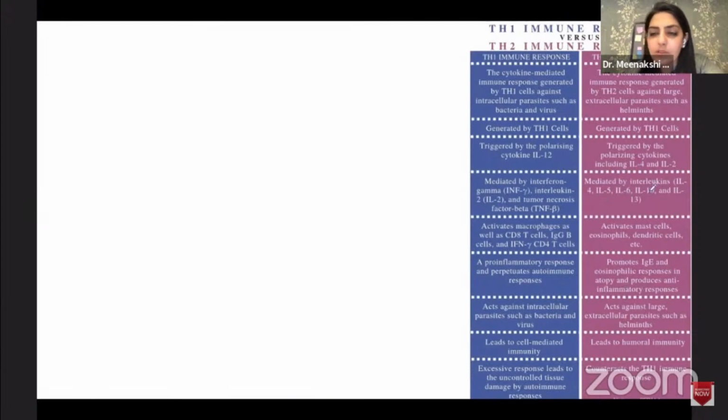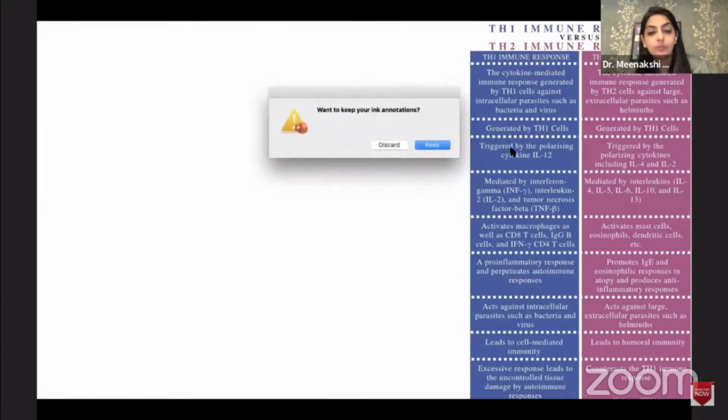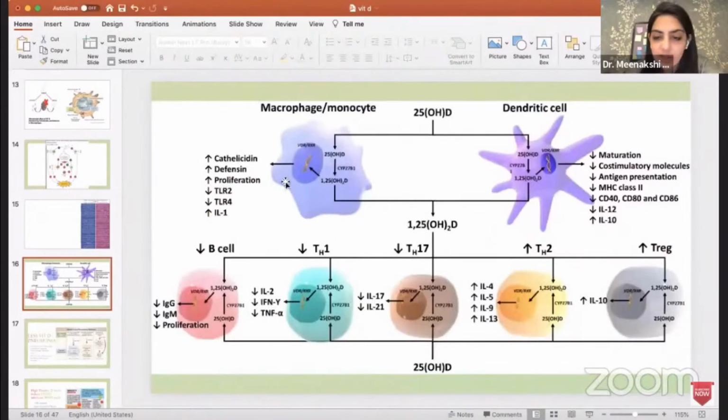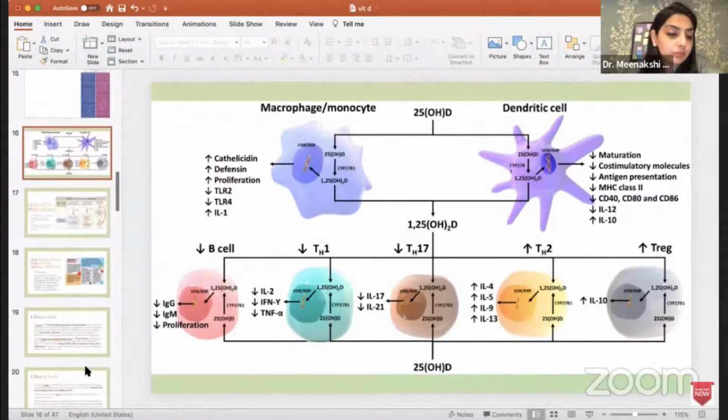I think we've discussed everything, so I'll just move on from here. So that was the respiratory part. I think we have talked enough about it. Suffice it to say that vitamin D has a good role as an immunomodulator, and it will inhibit the pro-inflammatory pathways in the body.